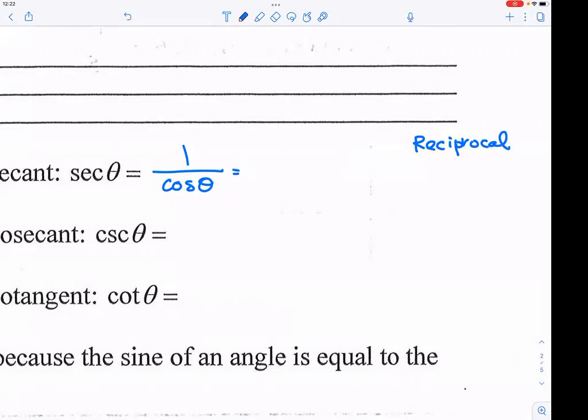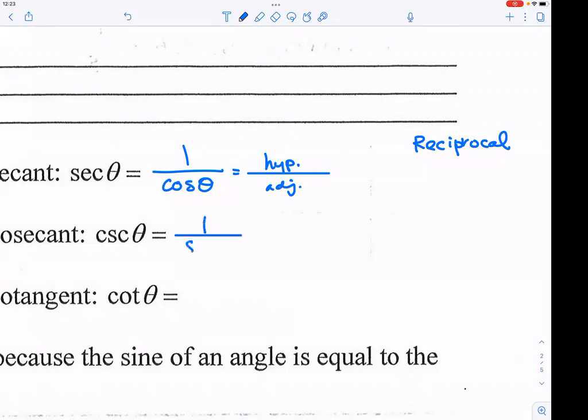And because it's the reciprocal, what can you say about the ratio? It becomes hypotenuse over adjacent. Okay, the same goes to cosecant theta.